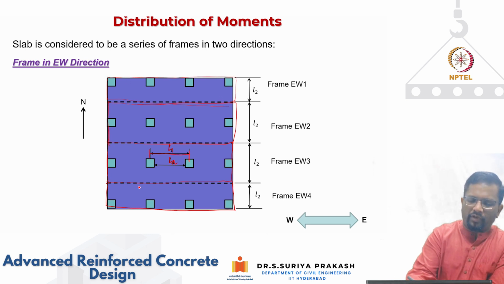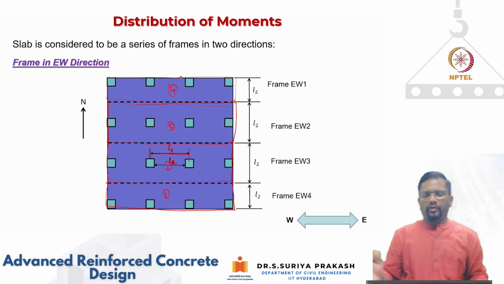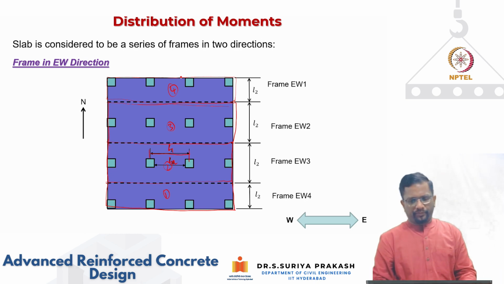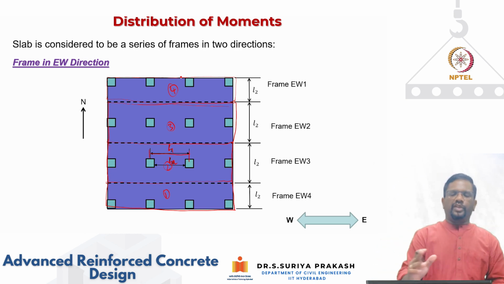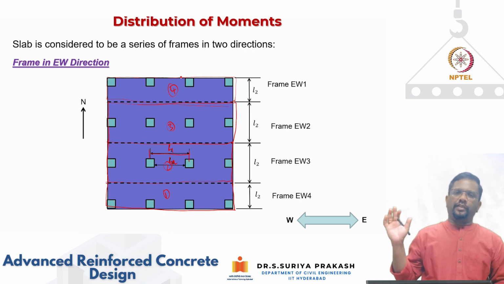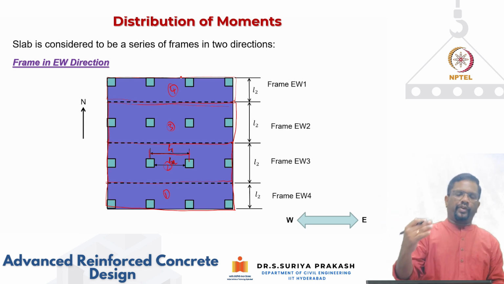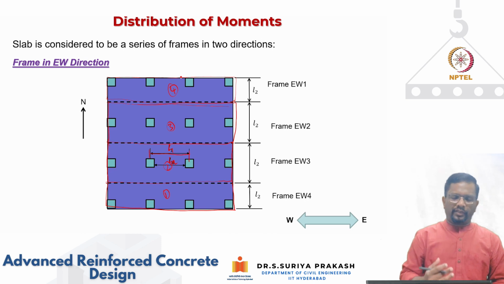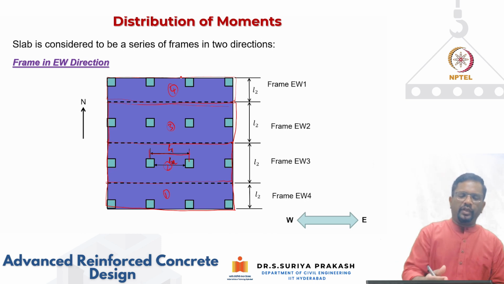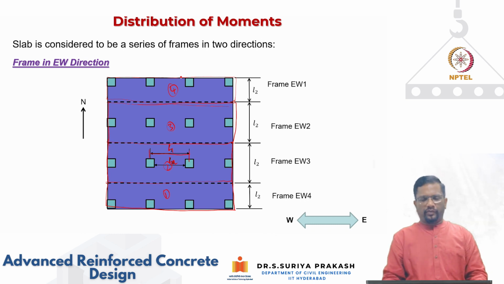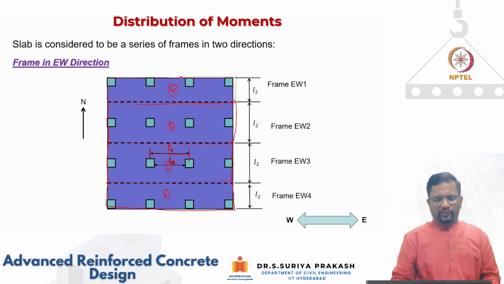So this panel has been discretized into 4 frames along the east-west direction. That is the first step. We discretize a slab into frames in the east-west as well as in the north-south direction. North-south also, you will have in this case 4 different frames.